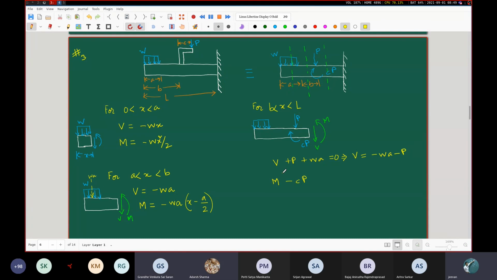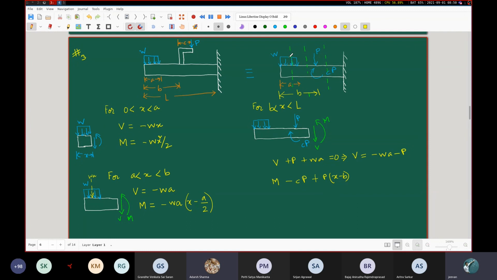P times X minus B. Yes, because this diagram was also incorrect; I have corrected that now. This entire thing is B. Is this positive or negative? I've written negative, but this is incorrect, this should be positive. What else?